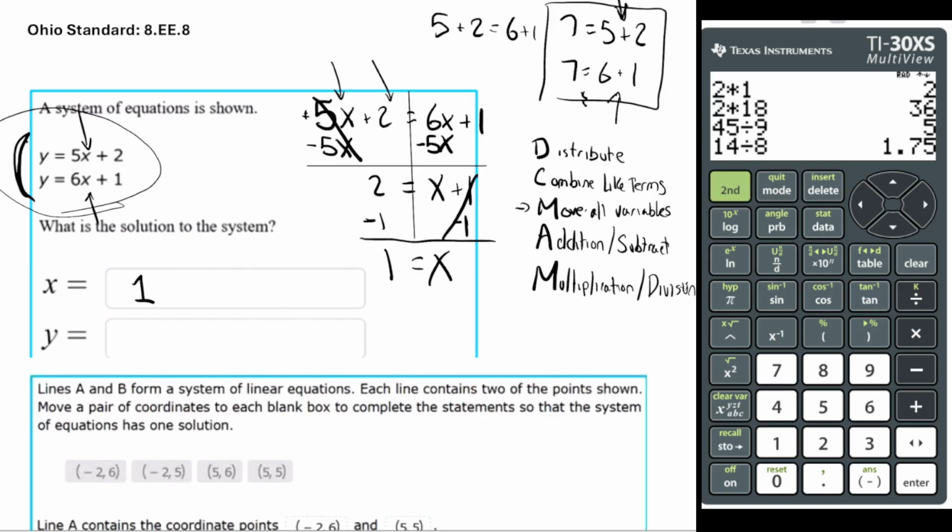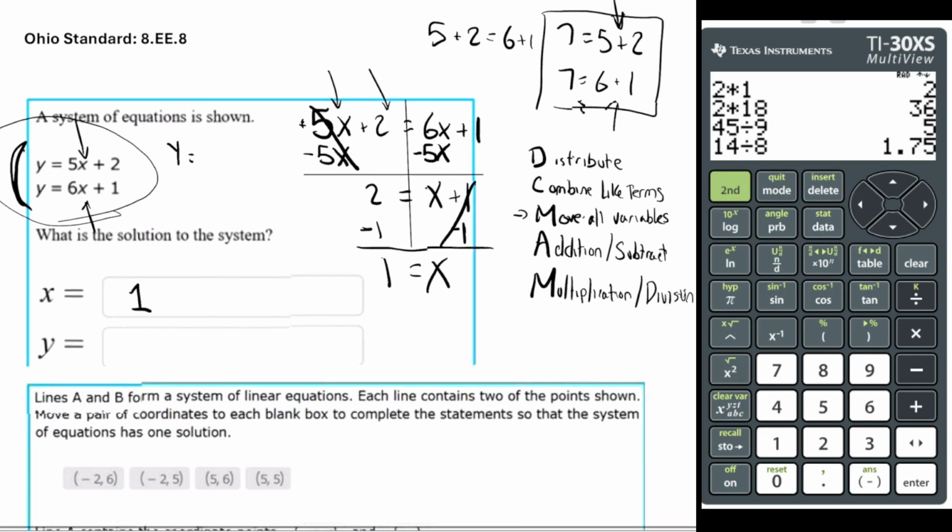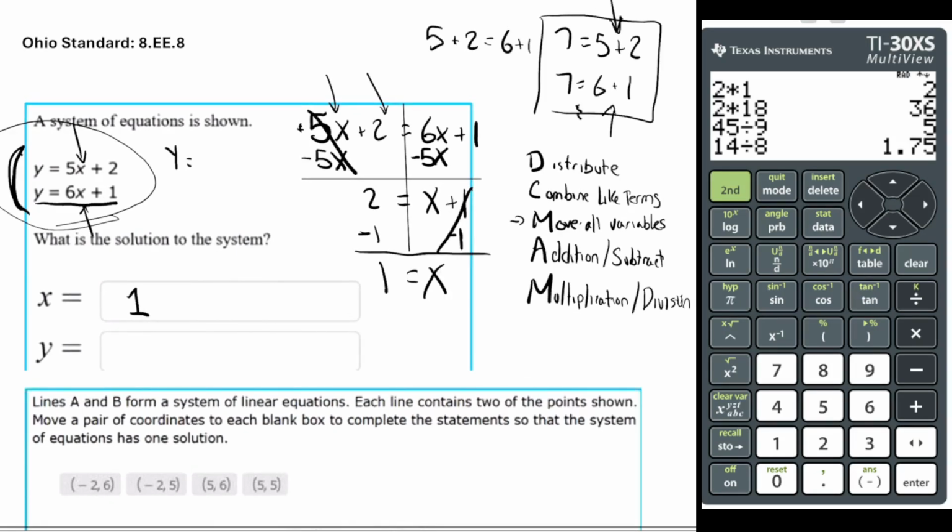The way you find y is you go back into your original equation. Okay? You pick whichever equation you want, whichever looks easier. I'm going to pick the bottom equation. y equals 6x plus 1. And you're going to take out the x, and put in what you found for x.